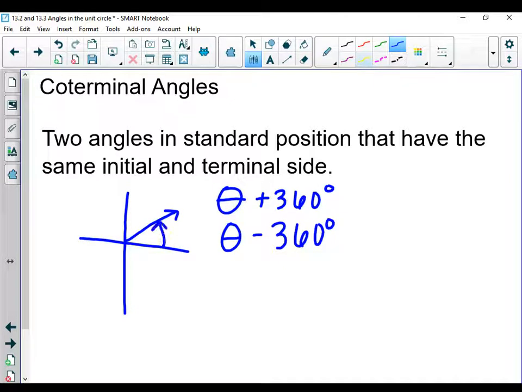So if I have this as one of my options, but maybe I want another positive angle, well, that just means I went around the circle an extra time and then some. So that extra time and then some is 360 and the angle. Okay? So that's why we're going to add 360 and subtract 360.